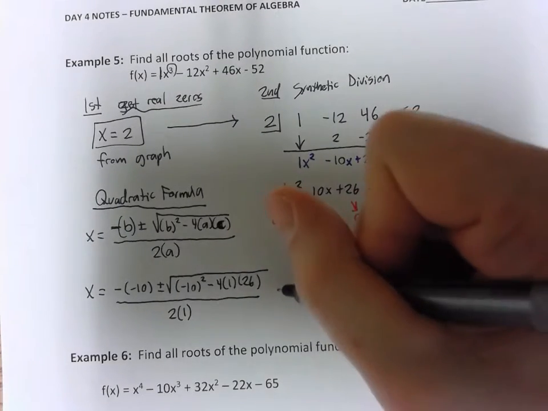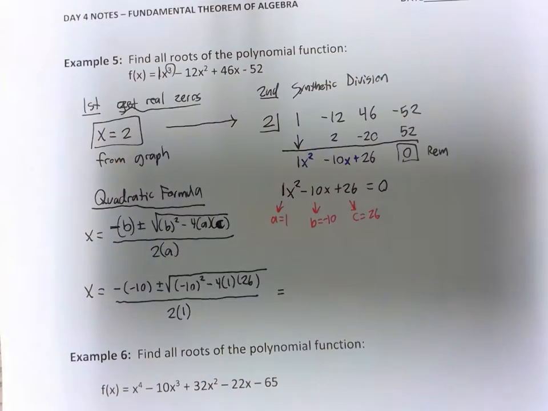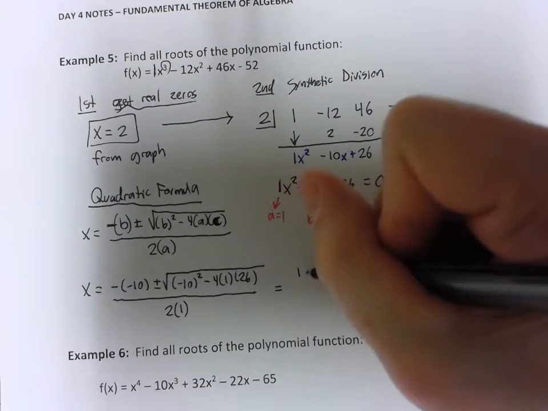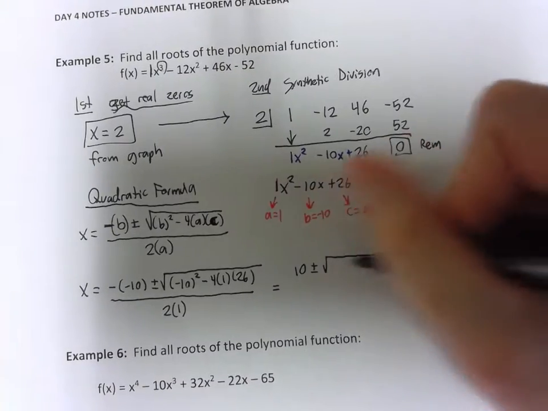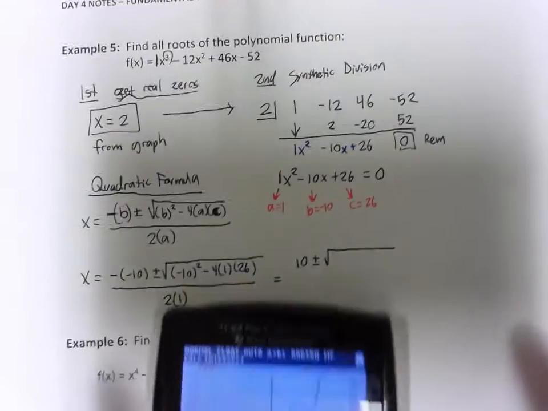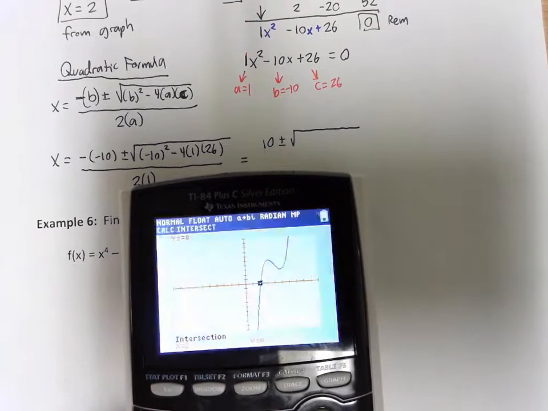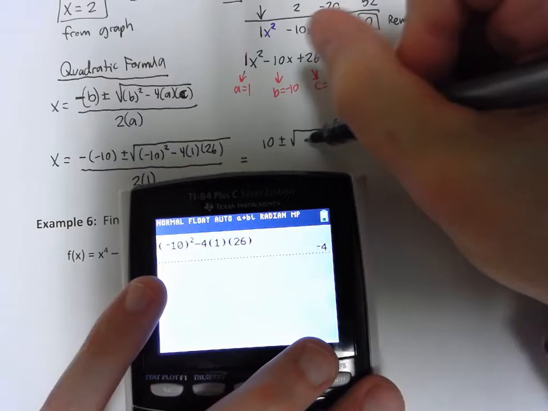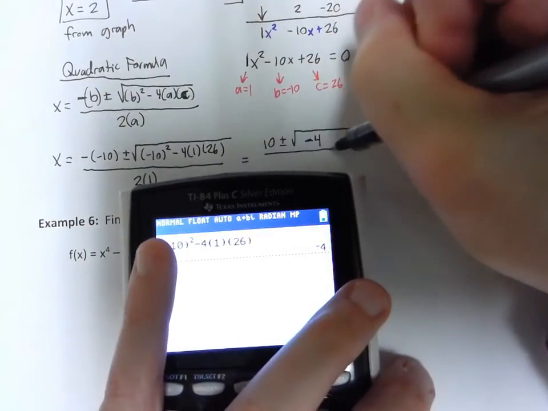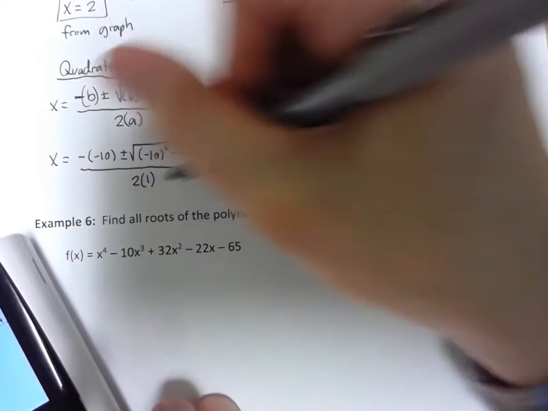So opposite of negative 10 is positive 10. What's all this? Well, let's put it in the calculator. Use parentheses around everything. Negative 4. Oh, good. Negative 4. All over 2 times 1 is 2.